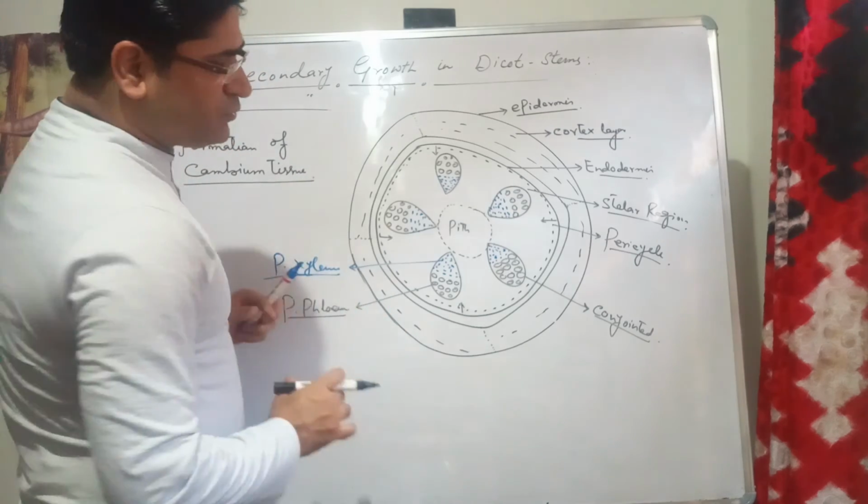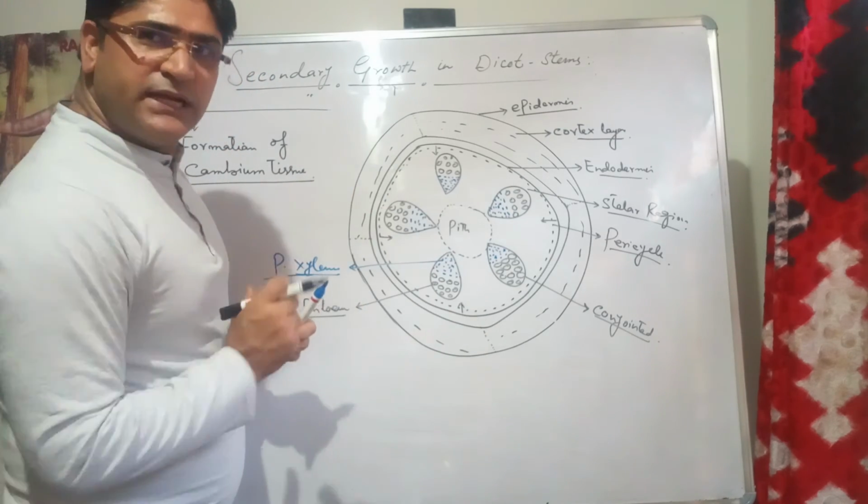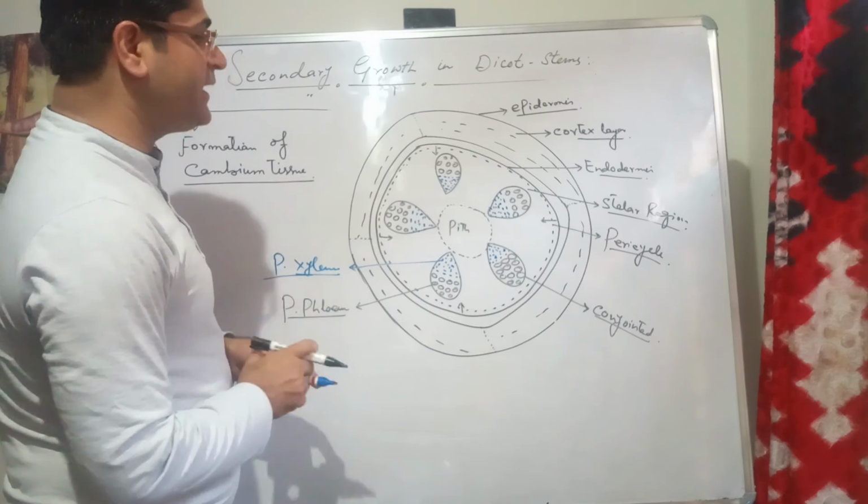You know that this is how the vascular bundles are arranged inside the plant during the primary growth. Now, when the secondary growth starts within the plant, what happens then?